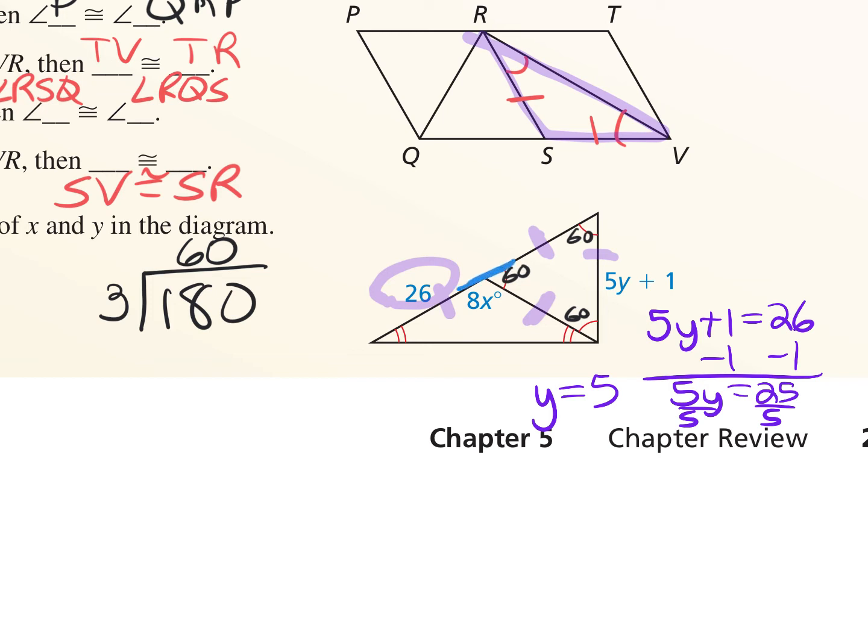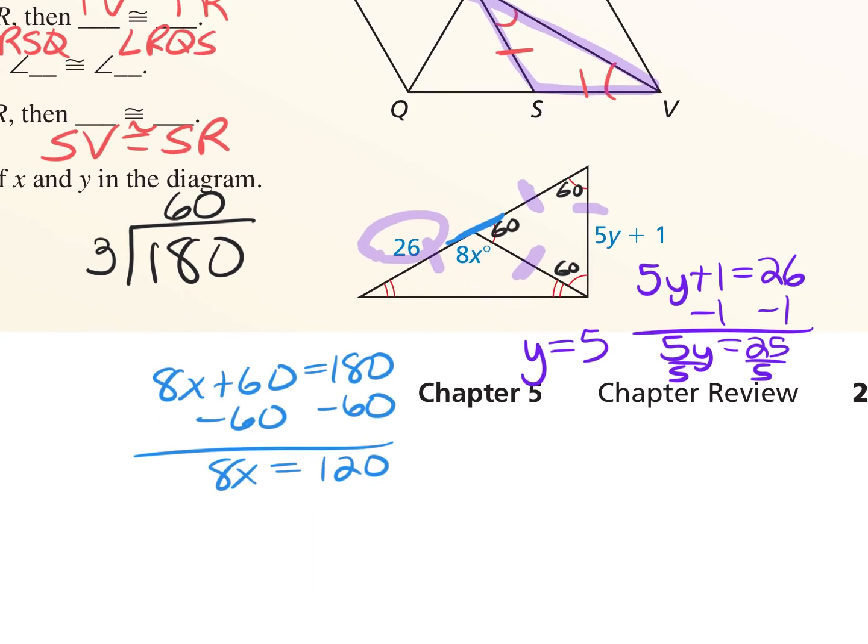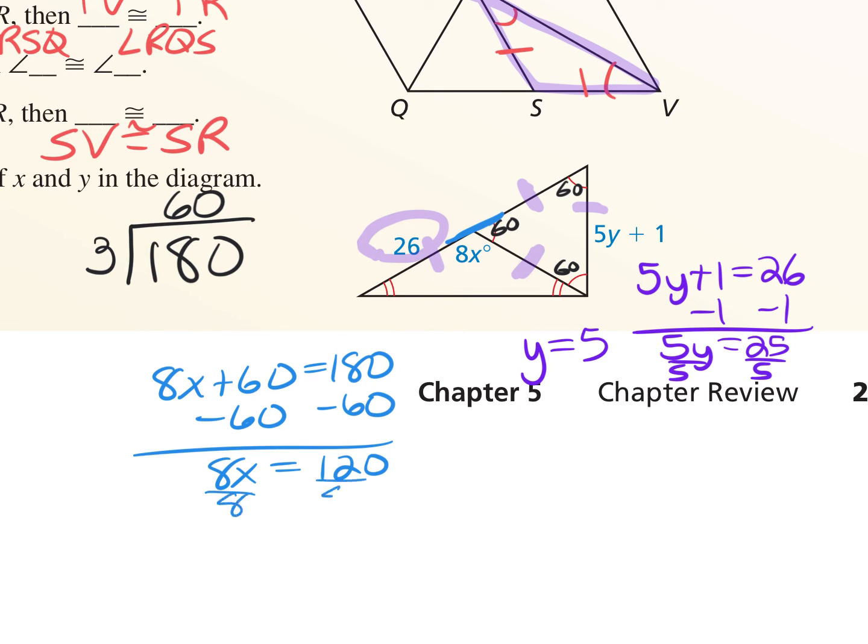So I know that 8x plus 60 is going to equal 180 because it's a linear pair, and they're supplements. So I'll subtract 60. 8x equals 120. And then I'm going to divide by 8, and x equals 15. So my two answers are 15 for x and 5 for y.